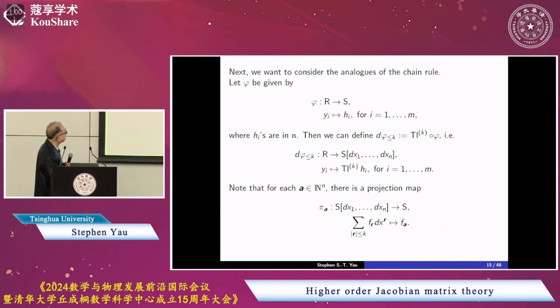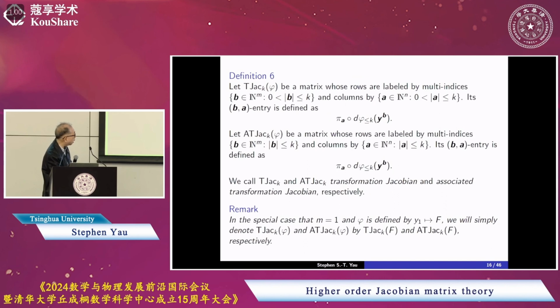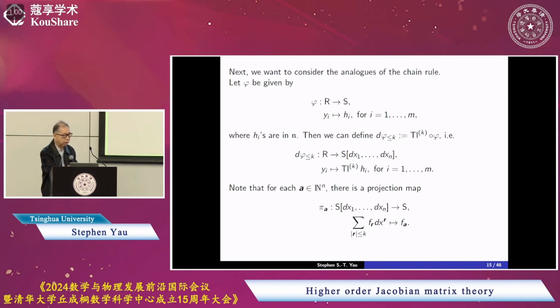Now we consider the chain rule. Phi is a mapping from R to S. You send yi to hi, where hi is in the maximal ideal. Then we define d phi up to order k, which just takes the Taylor expansion with phi. More precisely, you send yi to the Taylor expansion of hi, and we use the notation pi a, which is just a projection operation, projecting the a coefficients.